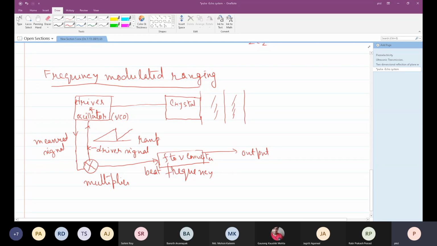So here what happens, a voltage controlled oscillator is driven by a ramp signal, so we will have a frequency variation over a certain time.